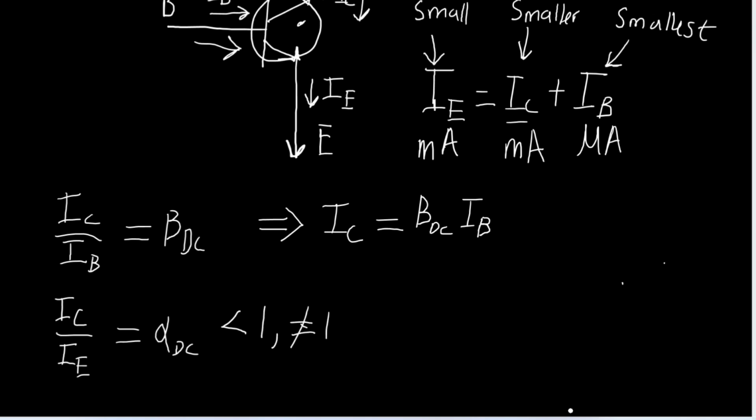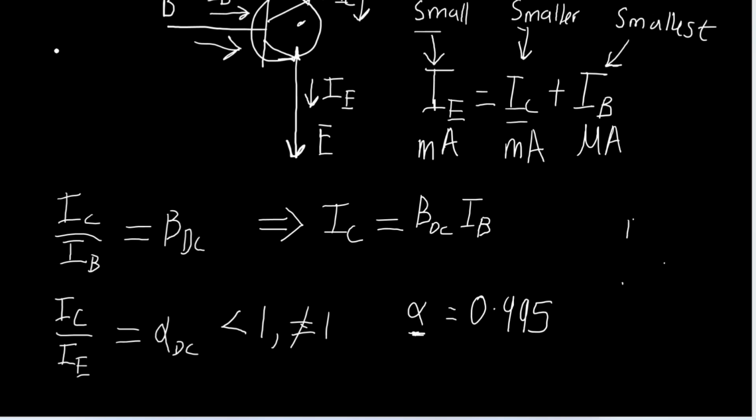The reason why I'm saying this is that while we are solving, you might get a point where you have 0.995 as your alpha value. Someone would then tell you to approximate to the nearest tenth, and you conclude that the answer is 1. It is not accepted. This value can never be 1. The reason for this is that, like we said earlier, IE is small while IC is smaller.